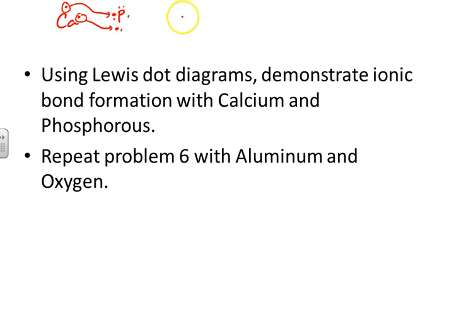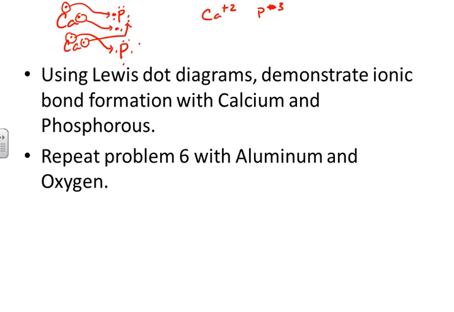That leads to a calcium 2+ ion, but a phosphorus that doesn't have an octet, so we bring in another calcium, transfer an electron, that leads to a phosphorus with a negative 3 charge, but we have a calcium with an extra electron, so we bring in another phosphorus.